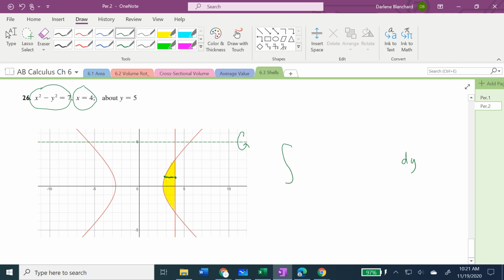So I need to know the y coordinates that this exists between. So basically take the intersection between those two and plug 4 into x. You'll get 16 minus y squared equals 7. And subtract the 7, you'll get 9. So plus or minus 3.